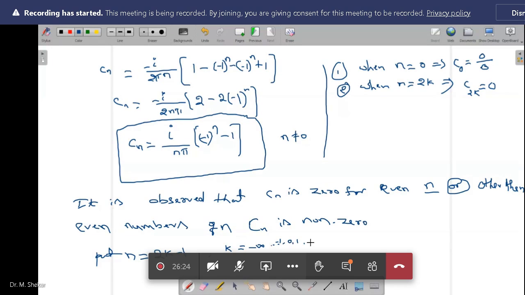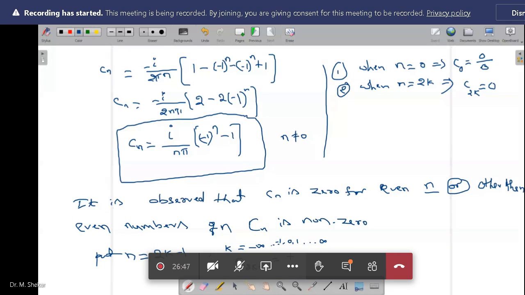You can choose all values of k. So n is equal to 2k minus 1, we get only odd numbers. Therefore, I can compute C2k minus 1, or we can write in terms of k also, where you have to replace n by 2k minus 1.